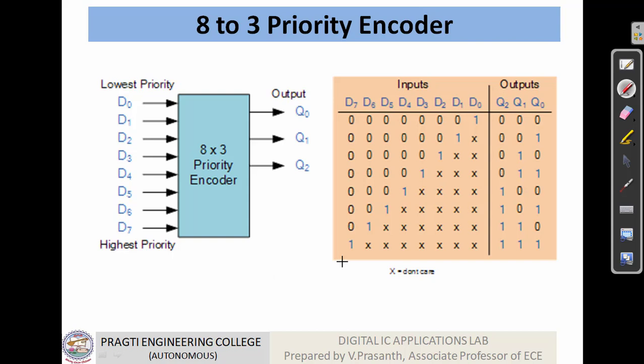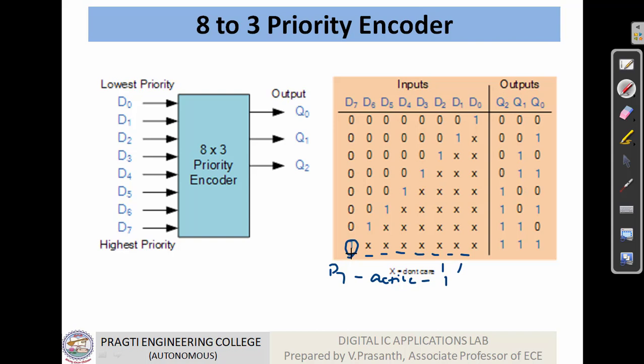So first of all, we will take the highest priority into consideration. See, this one is the highest priority, the D7 bit. So when the D7 bit is active, that means it is 1, then it is immaterial whether D6, D5, D4, D3, D2, D1, D0 are 0 or 1, it doesn't care.